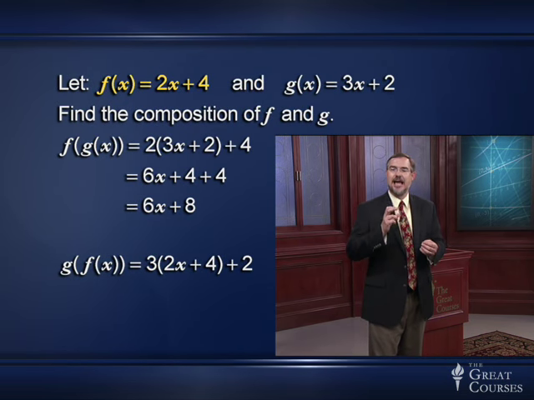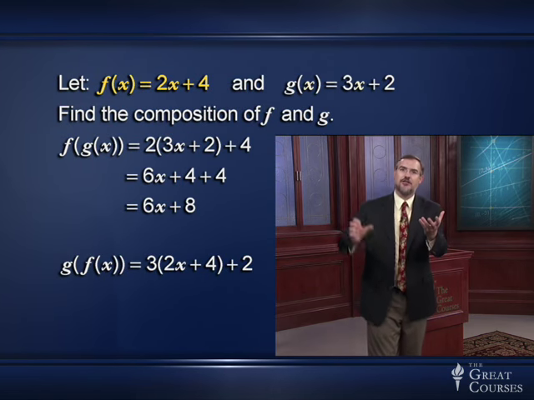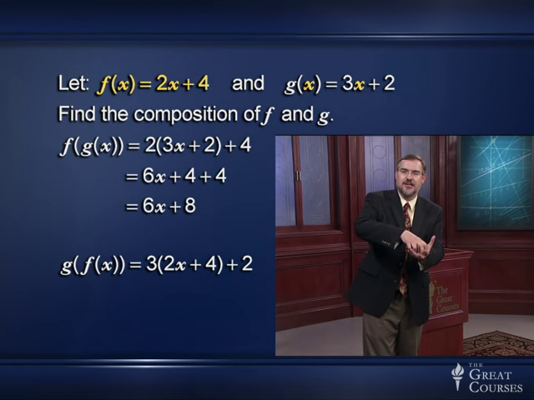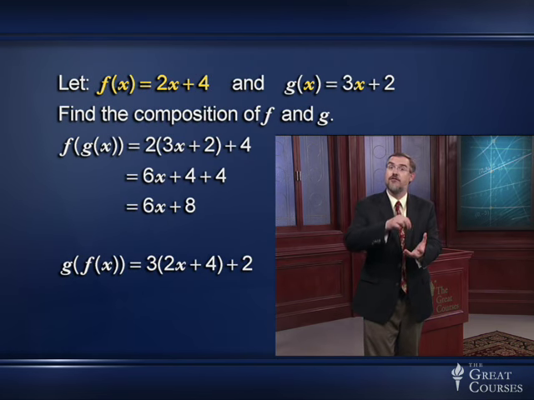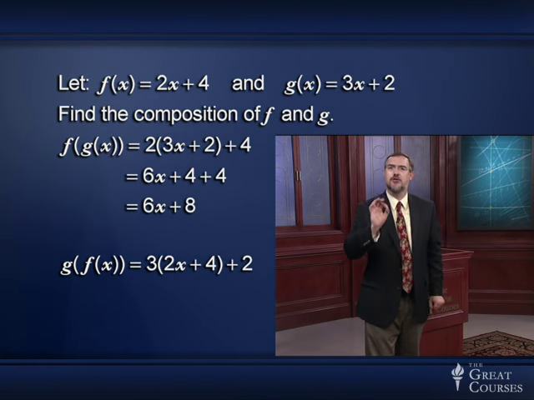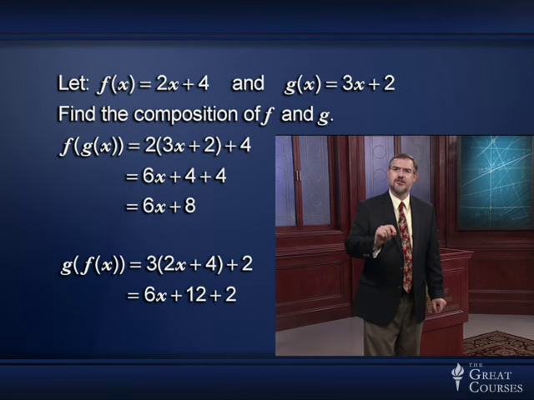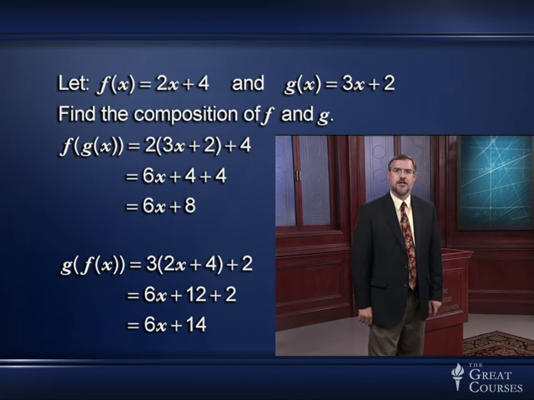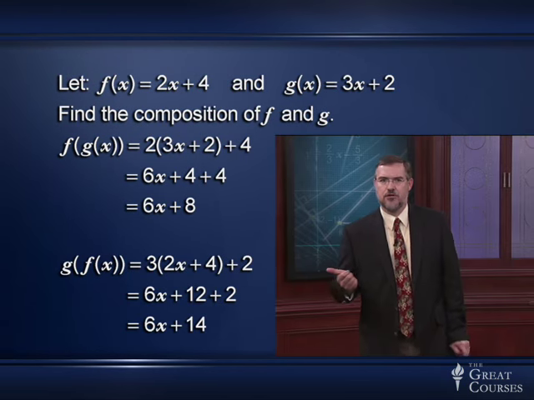So I've taken the 2x plus 4 and plugged it in for x inside the rule for the function g. So I have 3 times (2x plus 4) plus 2, which is 6x plus 12 plus 2, which is 6x plus 14.